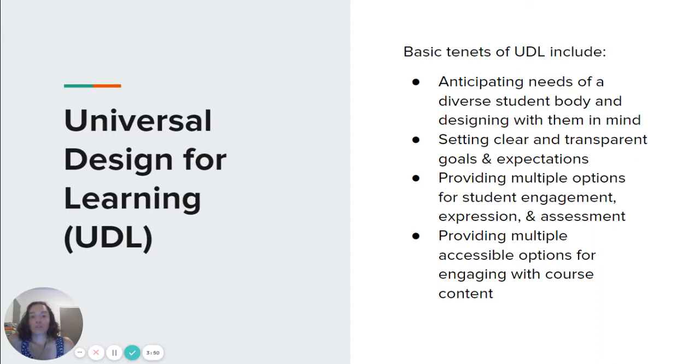If one of the key learning outcomes of your course is that you want students to become proficient in delivering an oral argument, you can't eliminate that just for students who might be nervous about delivering an oral argument. So depending on the course, there are going to be ways that you're going to adjust these different things. But providing multiple options is a great way to make your class more accessible.